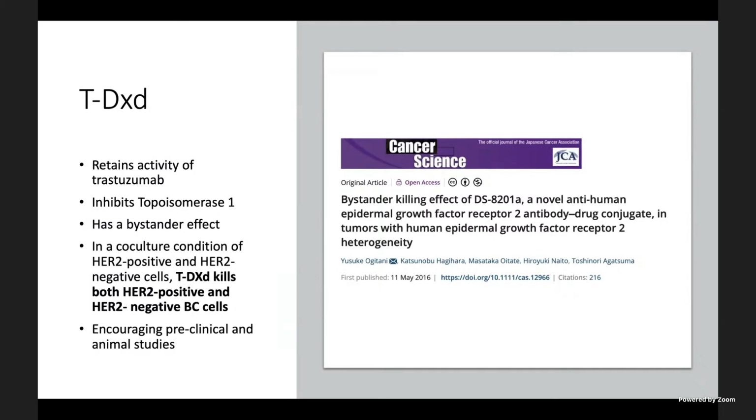First thing, it retains activity of trastuzumab. So the trastuzumab component per se also acts. It inhibits topoisomerase and has a bystander effect. Now, this is what the recent DESTINY-Breast04 has explored, which was initially seen in preclinical data, that when you had a co-culture of HER2 positive and HER2 negative cells, T-DXd kills both HER2 positive and HER2 negative breast cancer cells.